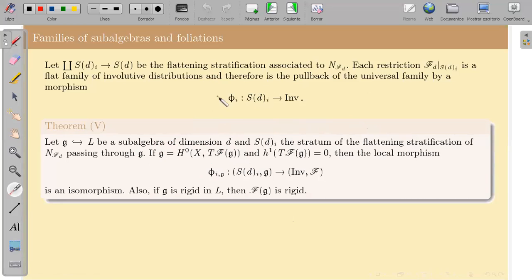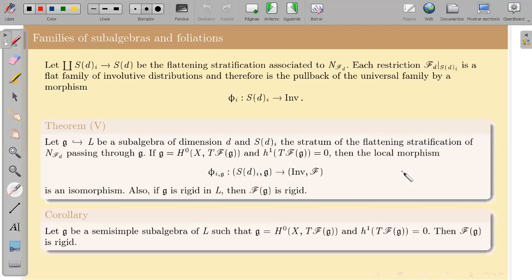This is a local isomorphism around this point. And also, it sends the orbit by the automorphism group into the orbit of the automorphism group on the other side. So if we are standing at a rigid subalgebra, then we end up with a rigid foliation.